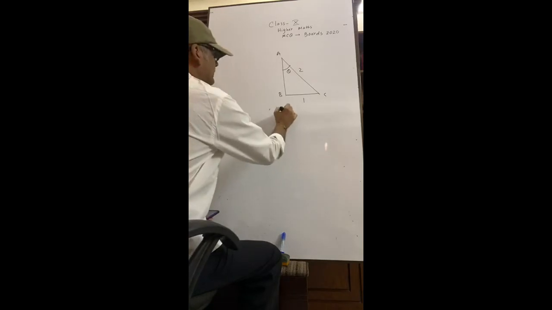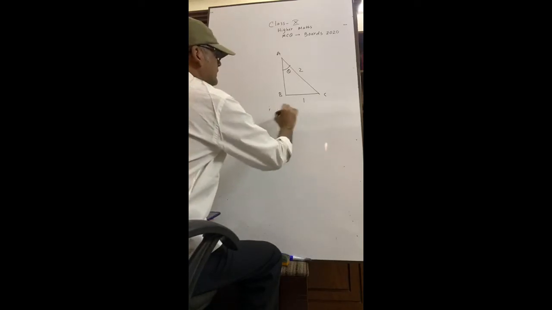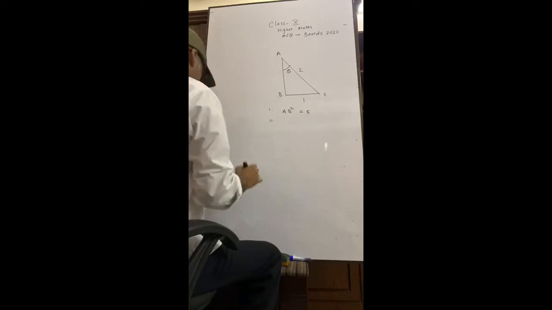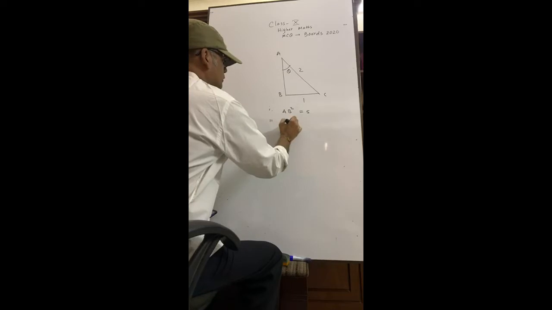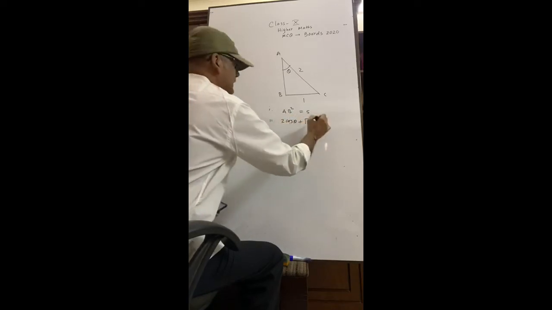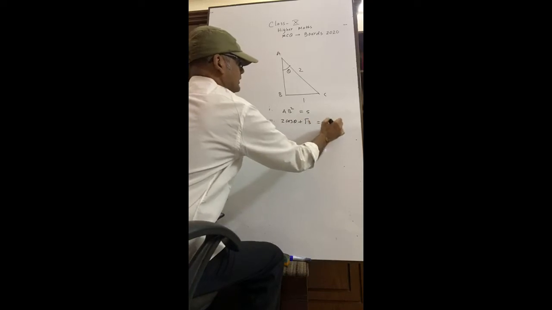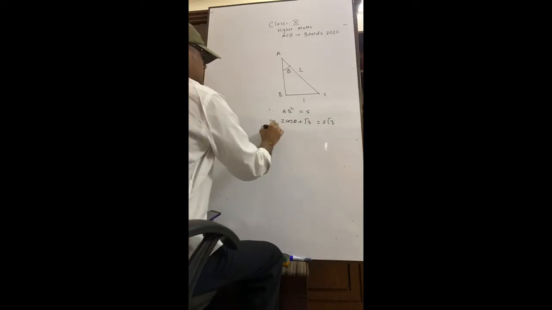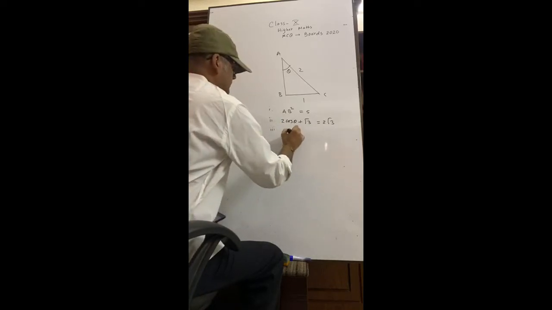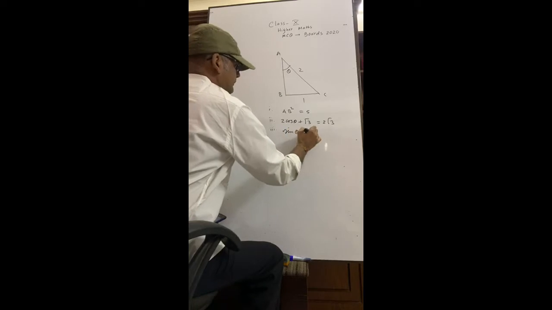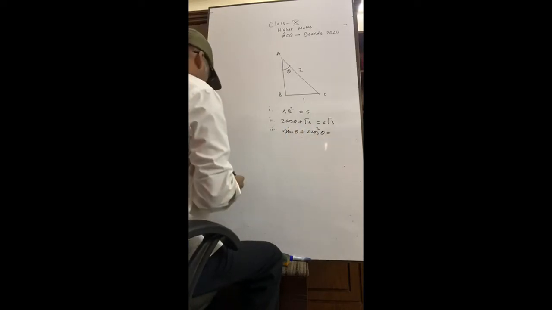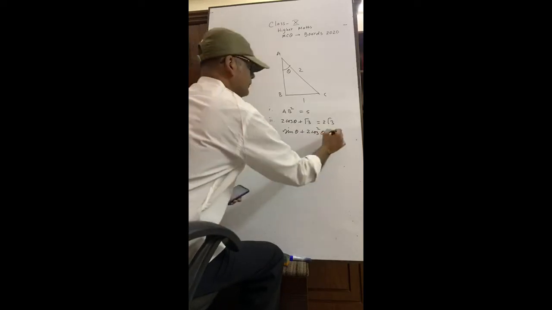AB square equals 5. 2. cos theta plus root 3 is equal to 2 root 3. 3. sin theta plus 2 cos square theta is equal to 2.